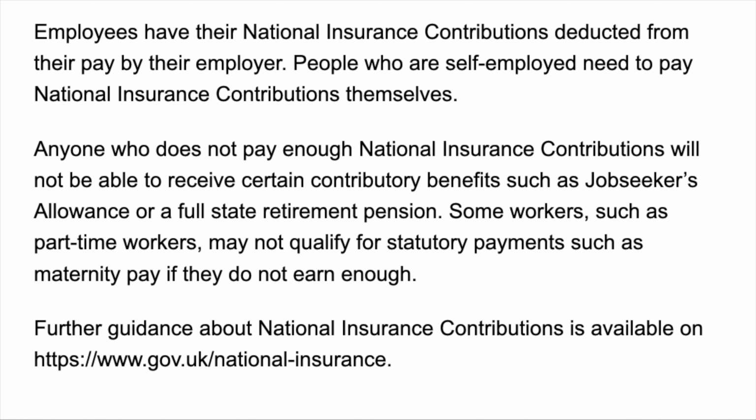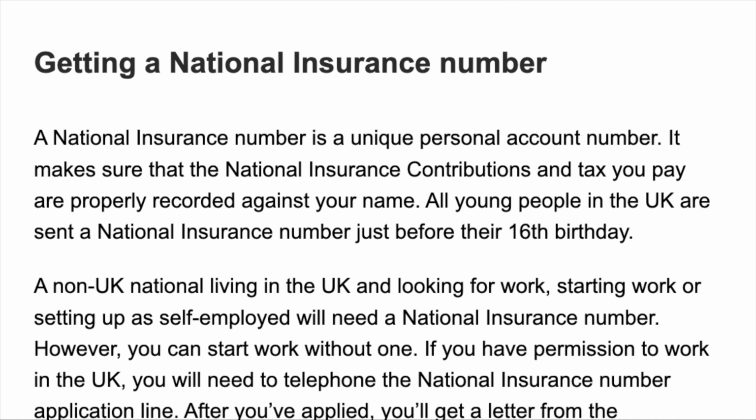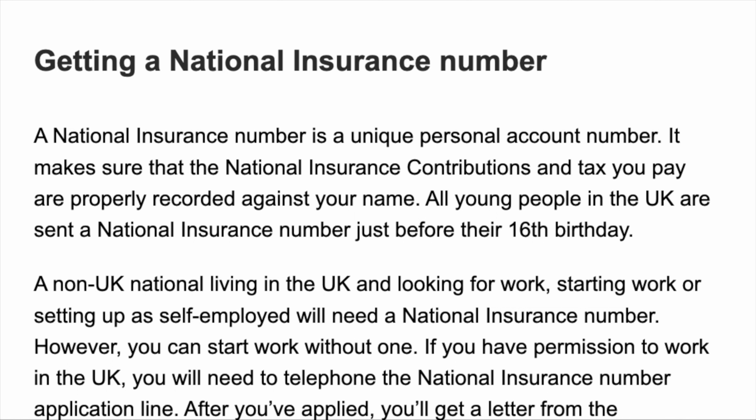Further guidance about National Insurance contributions is available on https://www.gov.uk/national-insurance.